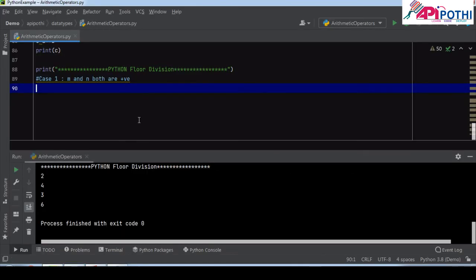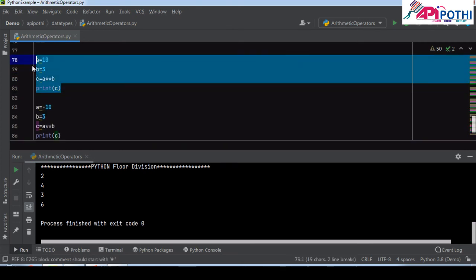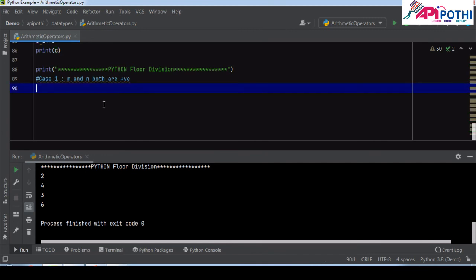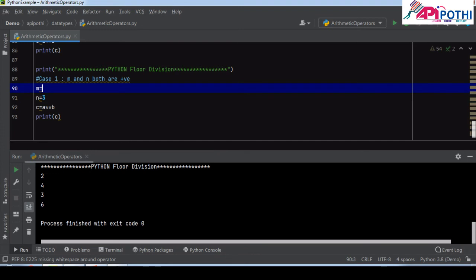Okay, so here for floor division, m and n both are positive. Let's copy this one. Just for understanding, change the variable names to m and n. Our first case was m equal to 4, n equal to 2, and m floor division n.